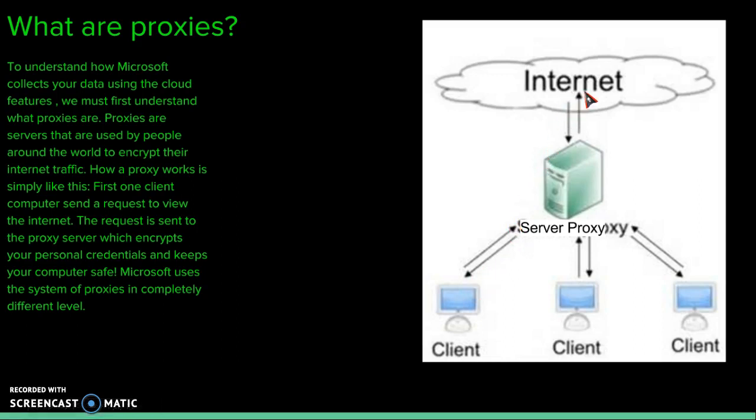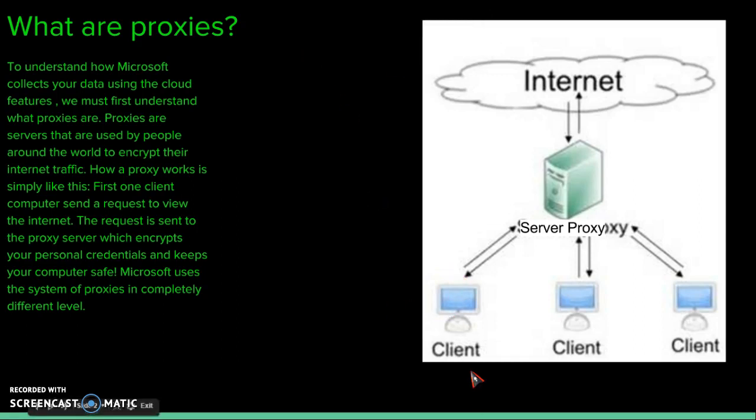The internet scans your internet traffic and sees that you're encrypted. Then it sends the internet traffic back to the server proxy, and then the server proxy sends the internet data back to you so you're fully encrypted, and that's how proxies work.